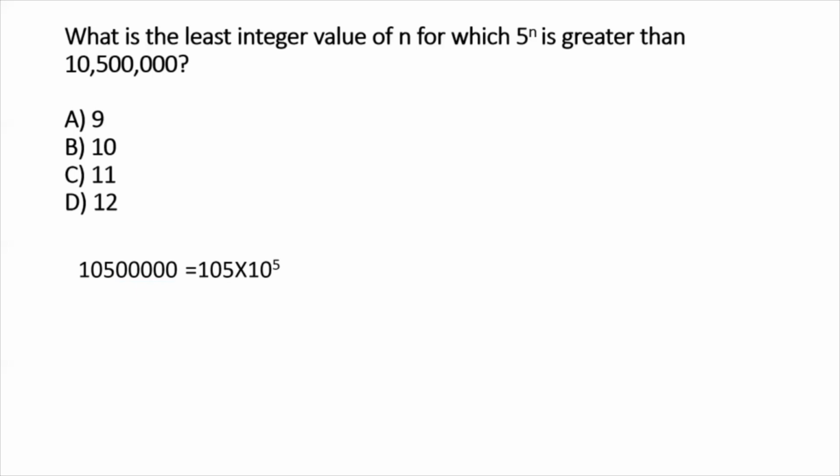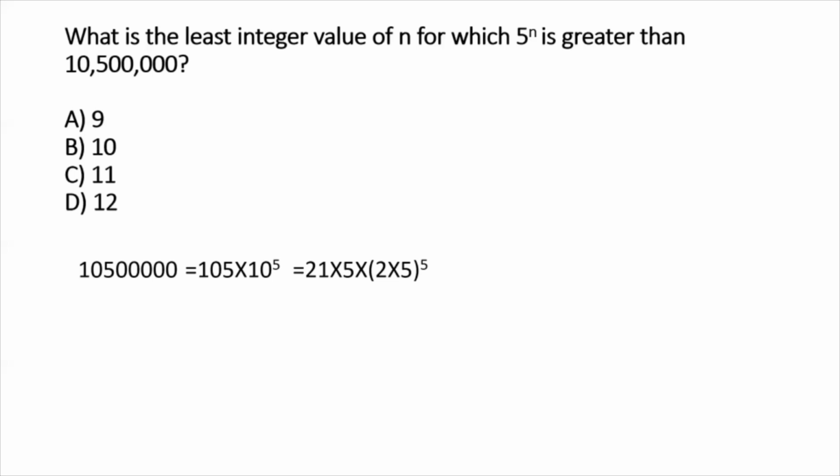And then we break up 105 and 10 into multiples of 5. So what's 105? 105 is 21 multiplied by 5, and 10 is 2 multiplied by 5.